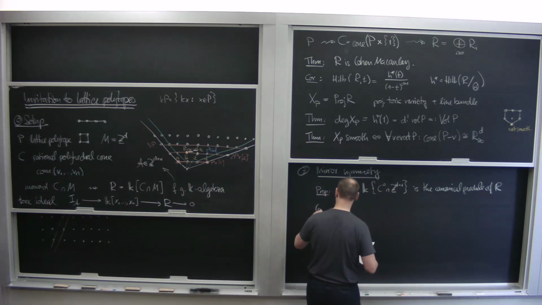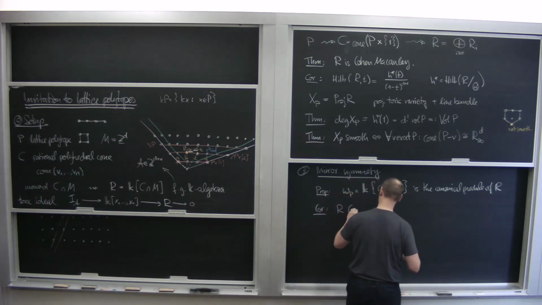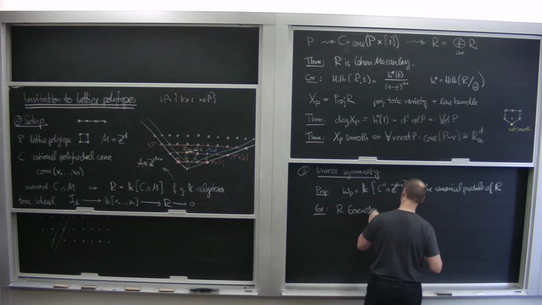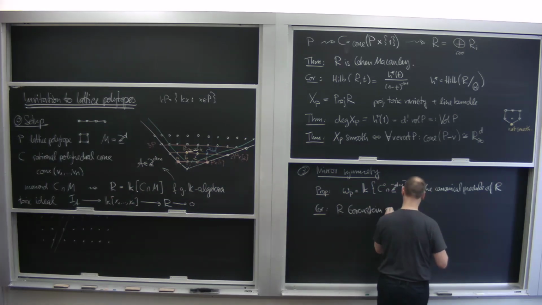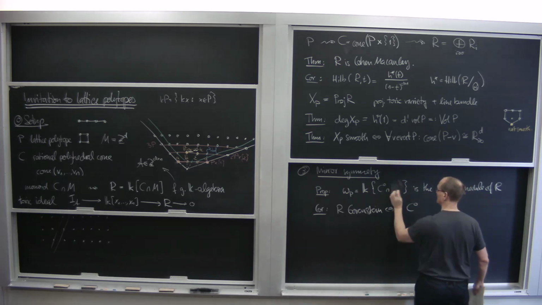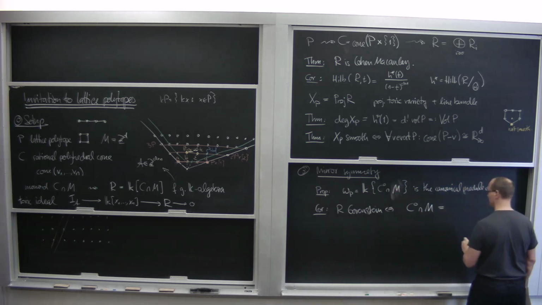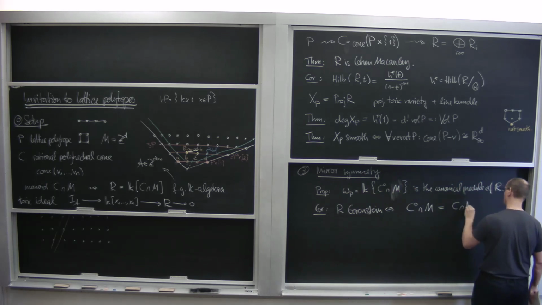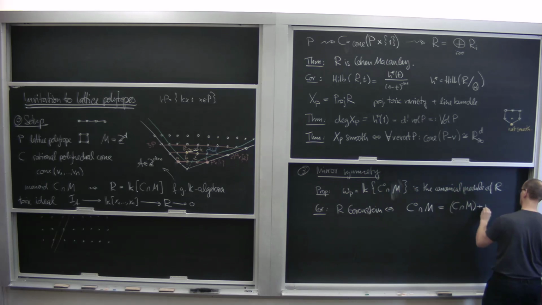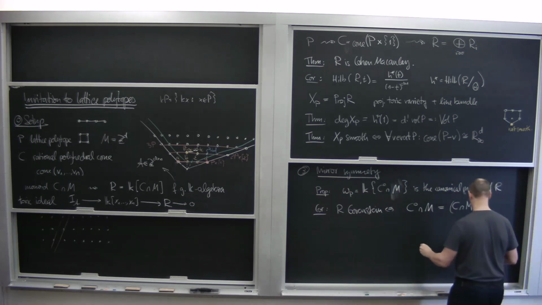R is Gorenstein if and only if... I can get this set of lattice points by just taking all lattice points and moving them by one generator.